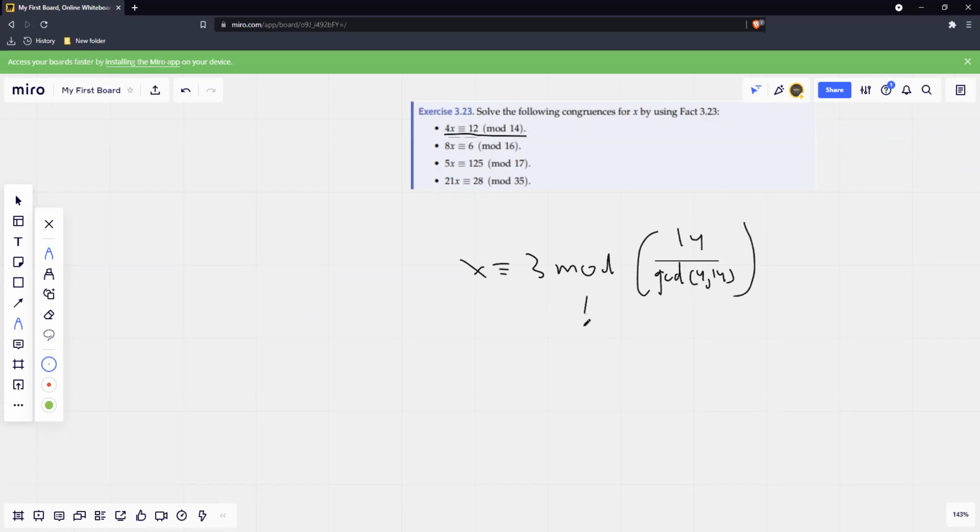Then we get x is congruent to 3 modulo 14 over 2, because the GCD of 4 and 14 is 2. So x is congruent to 3 modulo 7. And that's the answer.